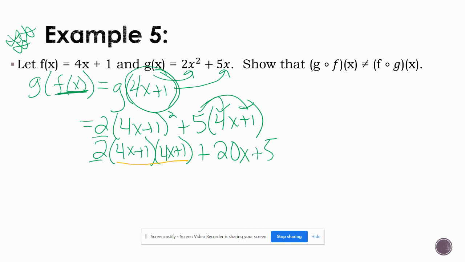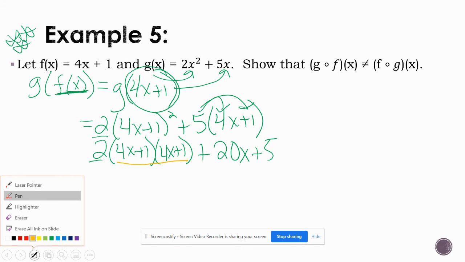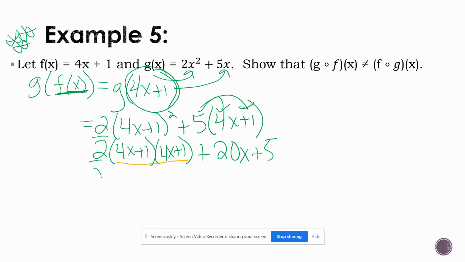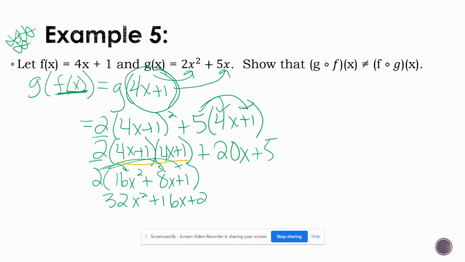I'm going to do this multiplication first, FOILing. When I FOIL that, I get 16x squared plus 8x plus 1. And then distribute the 2. We have 32x squared plus 16x plus 2.